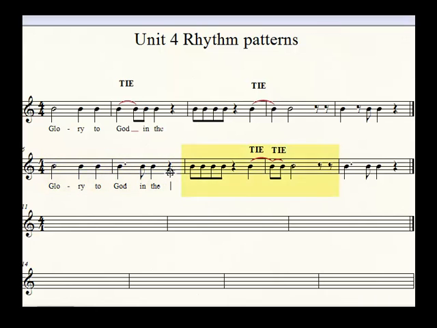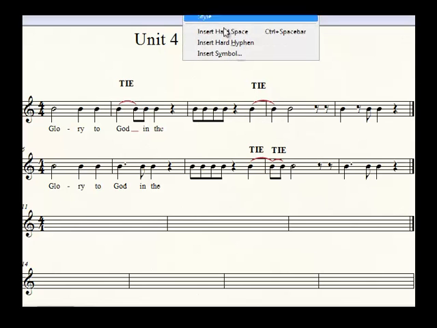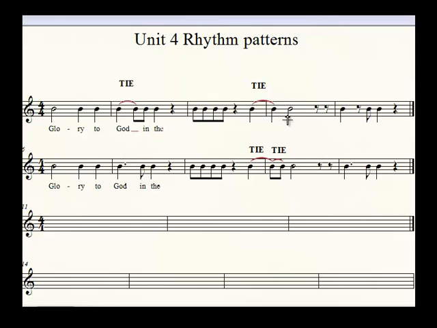Let's look now at the next 2 bars. You notice on line 1 we only have one tie. The only thing I did was to replace the quarter note on line 1 with 2 eighth notes on line 2 that are tied together, but they should sound the same. So let's say that we put a word to this note.